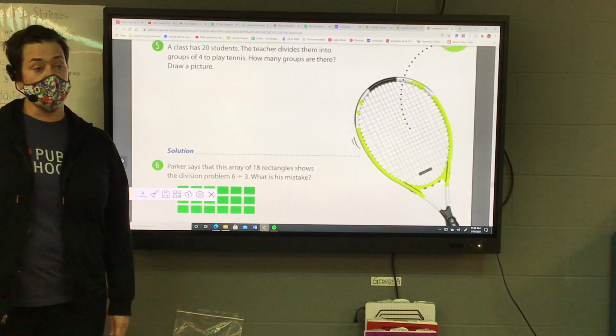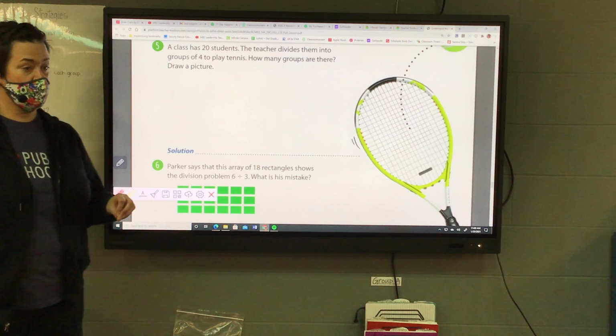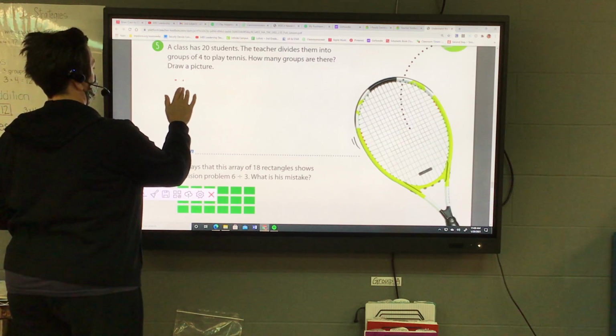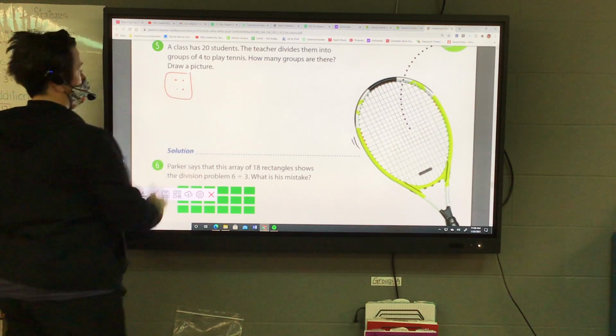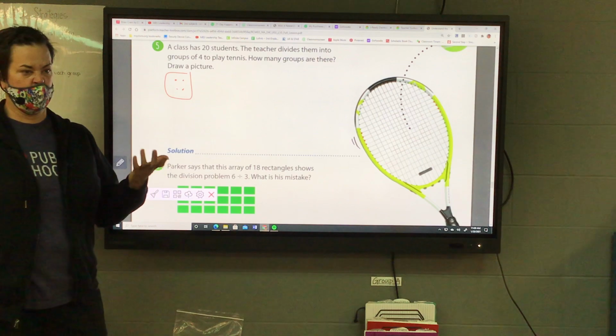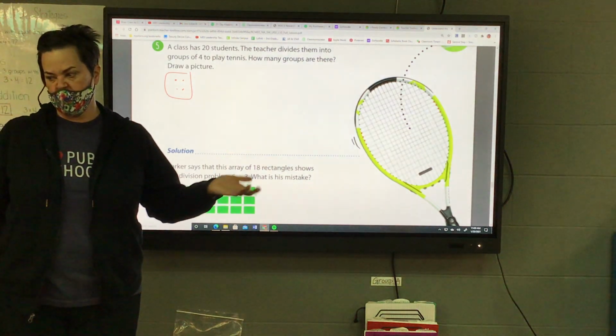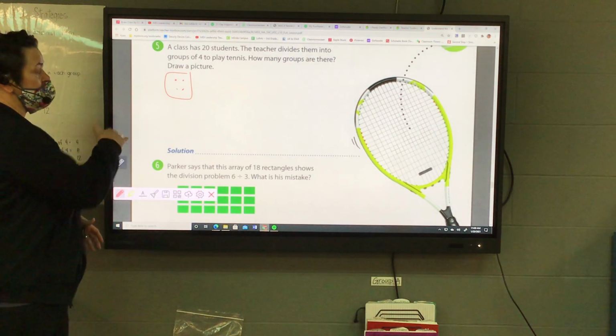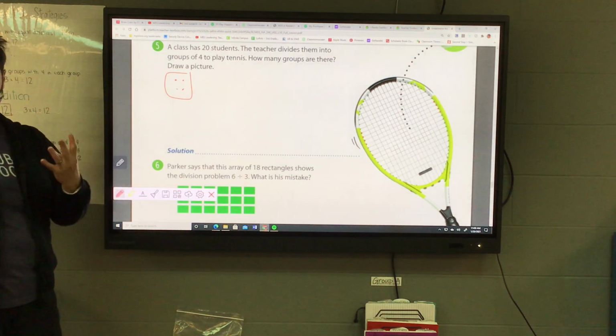All right, how many students are in each group? 4. So 1, 2, 3, 4. Here's our first group. But there's more than 4 students, right? How many students are there? 20. So I'm actually going to be skip counting by 4s.